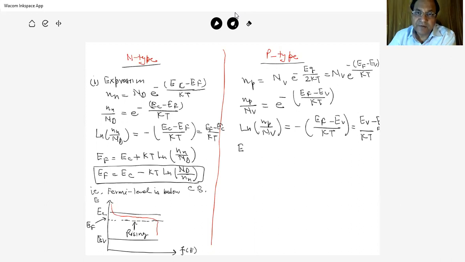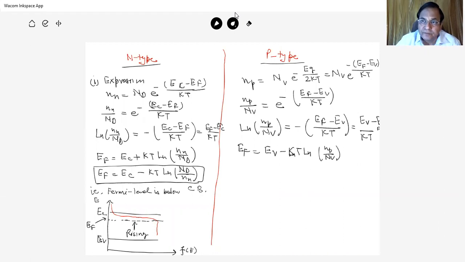So the Fermi level Ef is equal to Ev plus kT log of Np upon Nv.